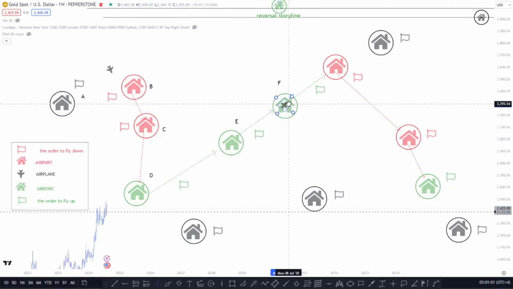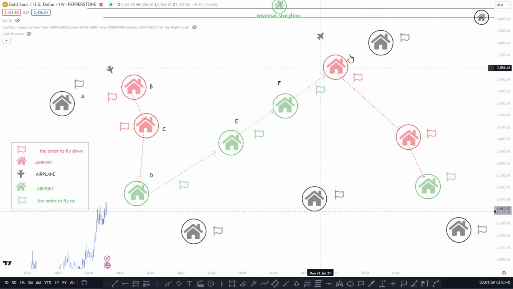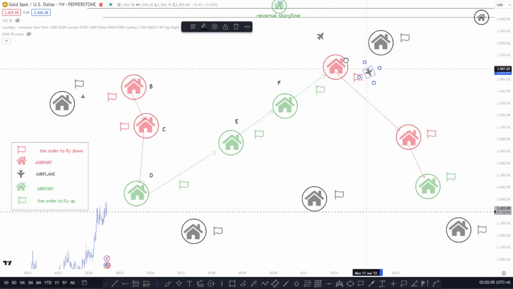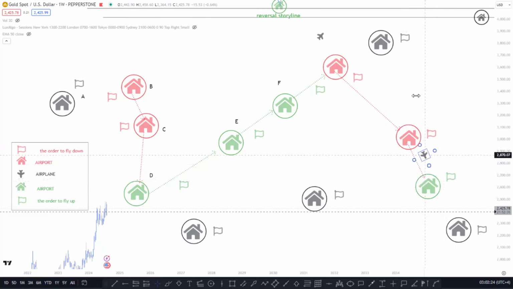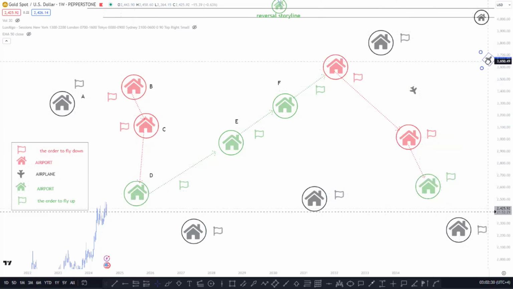When the airplane reaches this airport, it will decide the next destination by raising another red flag for the airplane to move down. The same with this airport. By raising the red flag, the airplane keeps moving down, and if this airport raises the green flag, that means the airplane will keep moving up.